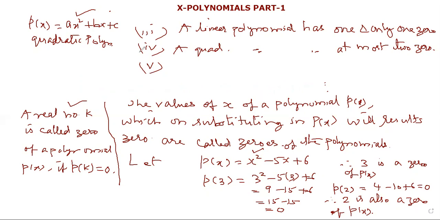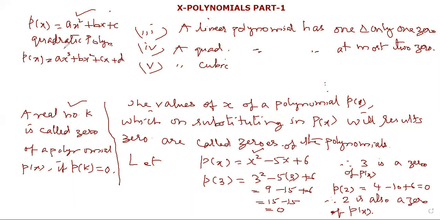Then a cubic polynomial, similarly, means a polynomial of degree 3. In standard form it is written as ax cube plus bx square plus cx plus d.